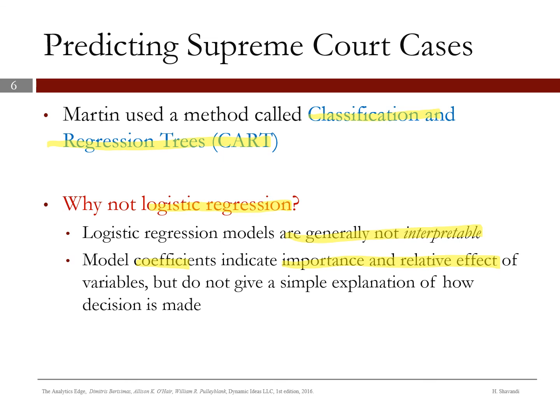But in Supreme Court cases, we need to explain how the decisions are made. Because of that, the CART method, classification and regression trees, would be more appropriate than logistic regression.